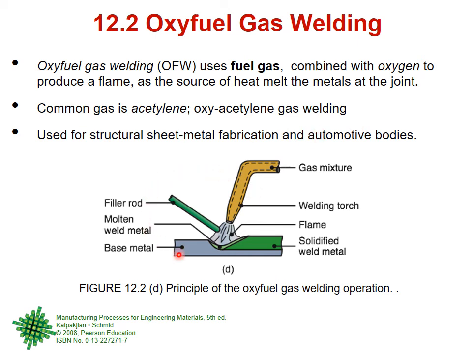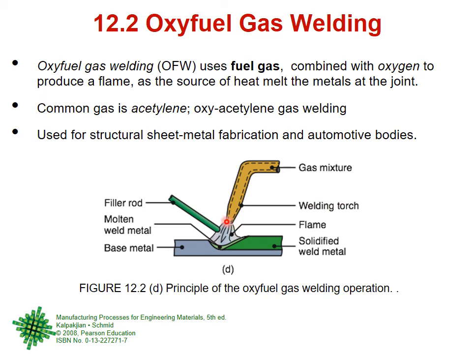And this is a very nice schematic diagram. This is the base metal. This is the other metal that you want to join, right? So you want to join two metals. This is a nozzle. This whole thing is called a welding torch.